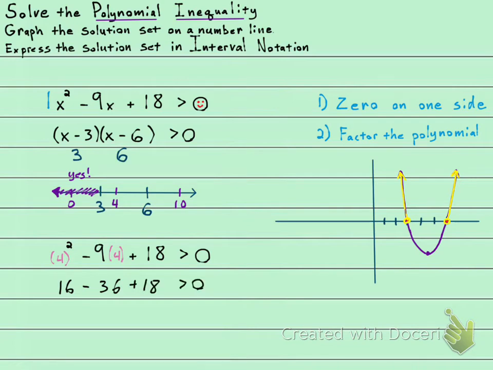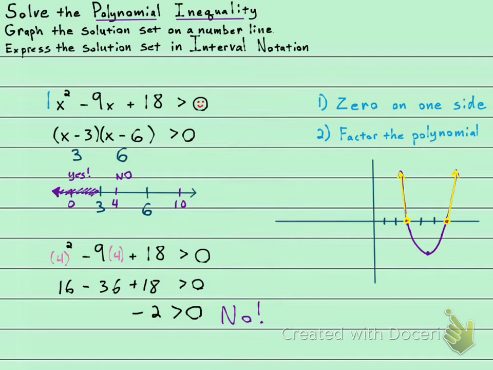All right, let me get a calculator. That gives me negative 2. Is negative 2 greater than 0? And the answer is no. So nothing in this interval will be part of my solution.